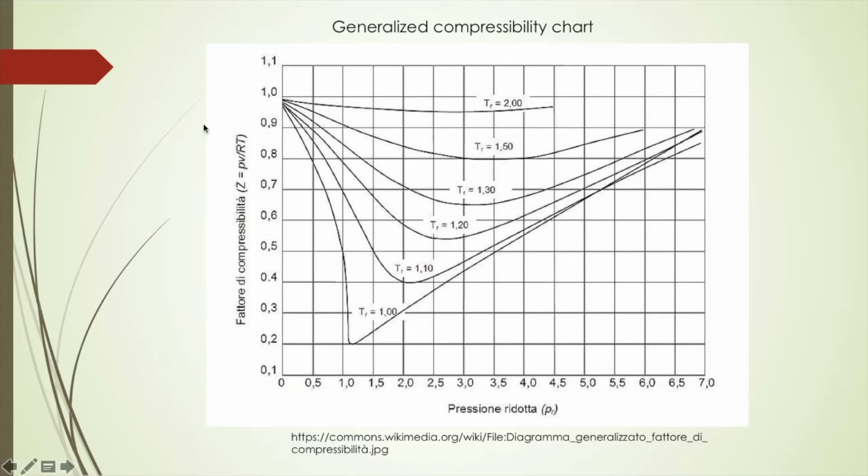You cross the chart and look for T sub R. When you see across the chart there's a dashed line and a solid line, look for the solid line for the T sub R value. And look for P sub R on the x-axis.